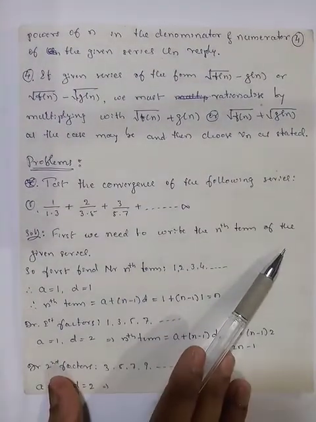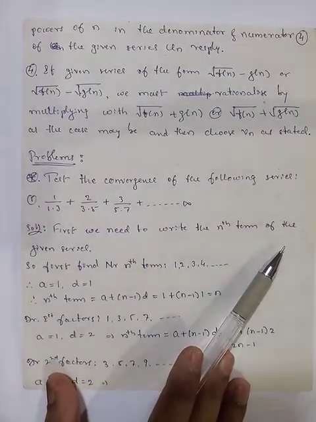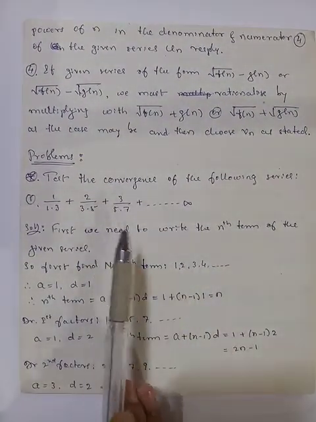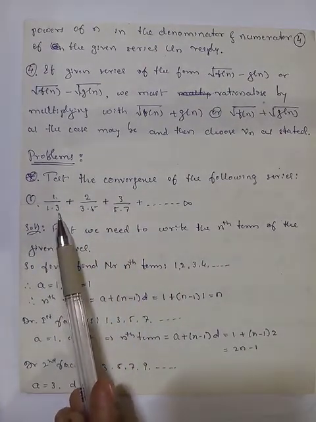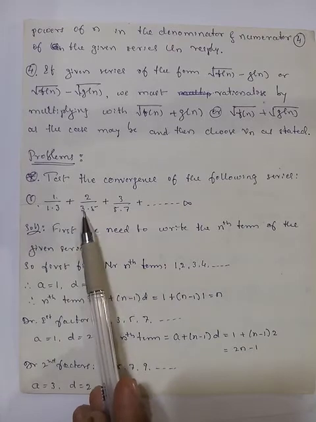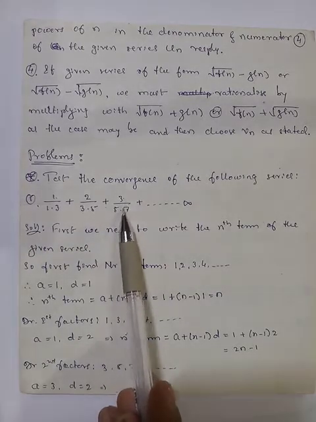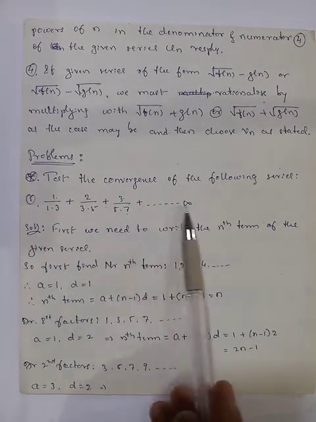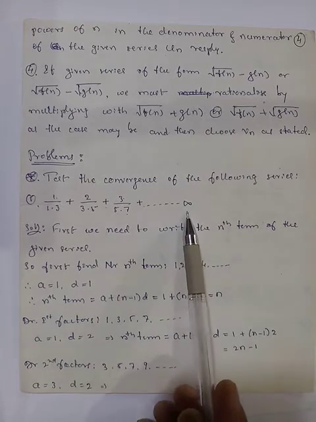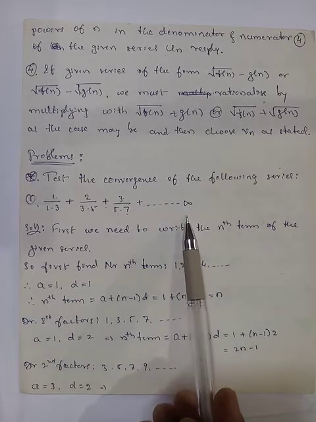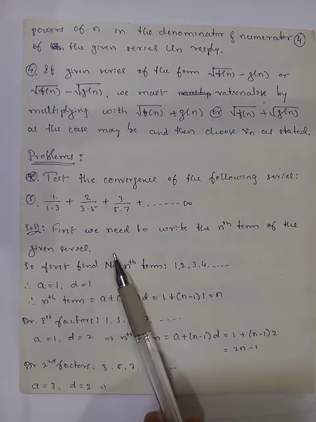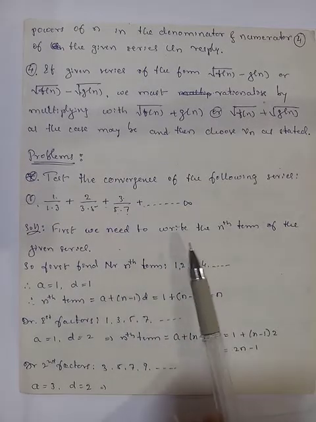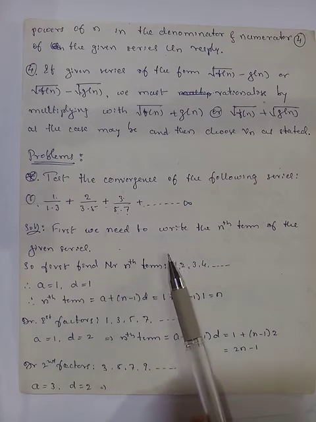Okay, so here is one example for the comparison test. See, this is the given infinite series: 1 divided by 1 into 3 plus 2 divided by 3 into 5 plus 3 divided by 5 into 7, and so on. So here the first important point is to write the nth term, that is, we have to write the un. How to write the un, that is, the nth term, what we call sn, right?